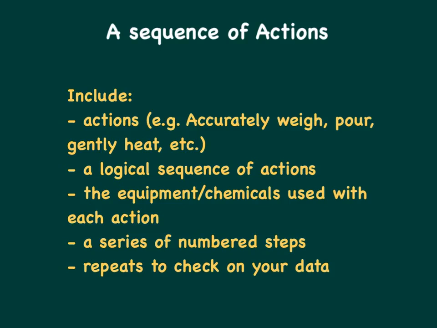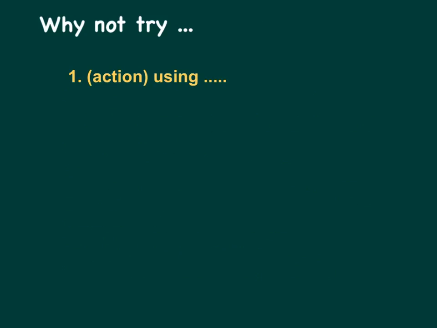So you should be looking at words, action words, verbs. Accurately weigh, carefully pour, gently heat, boil, any sort of thing like this needs to be there. Right, we've got to the stage of looking at this, so why not try something like this? Let's start off with an action and then tell it what we're using.